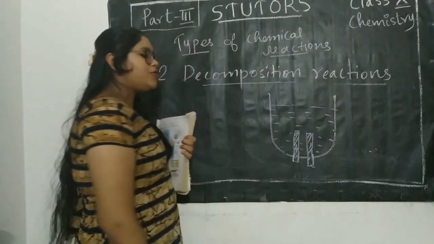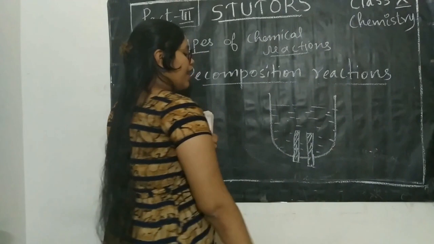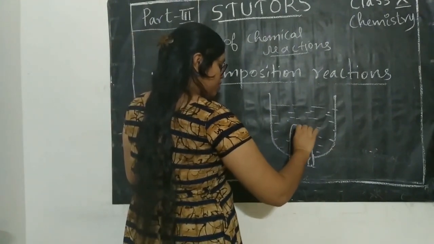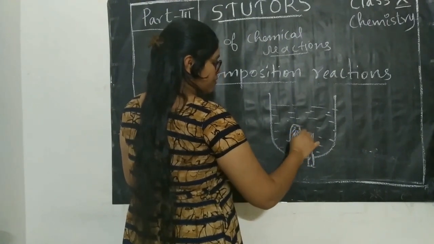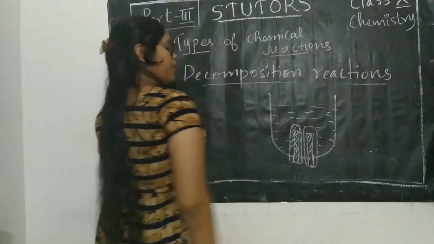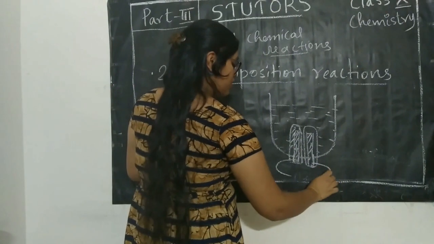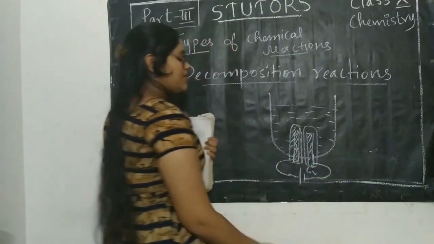Now add a few drops of acid into the water, and then cover the electrodes with test tubes which also contain water. Now connect the electrodes with a cell of, say, 6 volts.